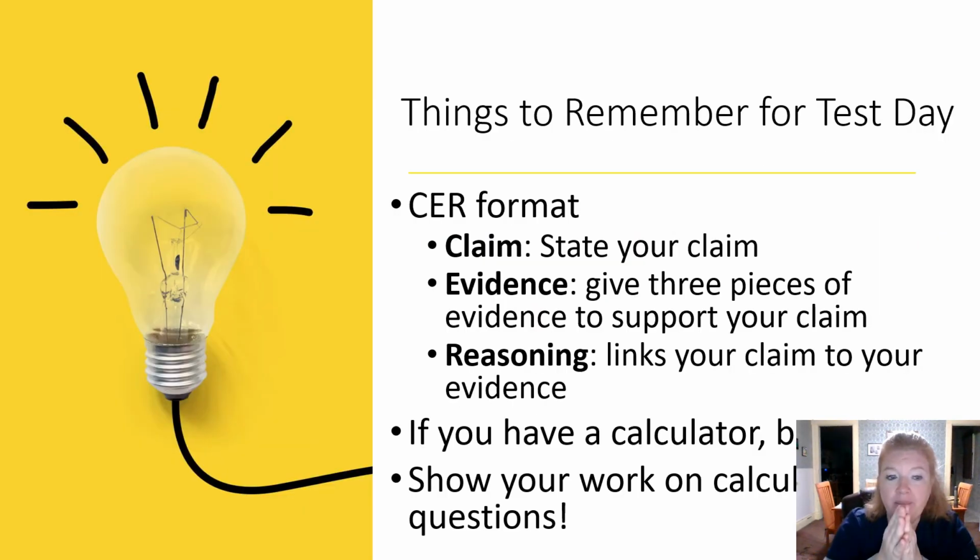All right, so remember, CER: state your claim, 3 pieces of evidence to support your claim, and then reasoning. So basically like this, think about claim, reasoning. They're almost the same sentence. Chemistry is my favorite subject. That's my claim. So let's give some evidence. I love learning about chemicals. I find them so interesting.